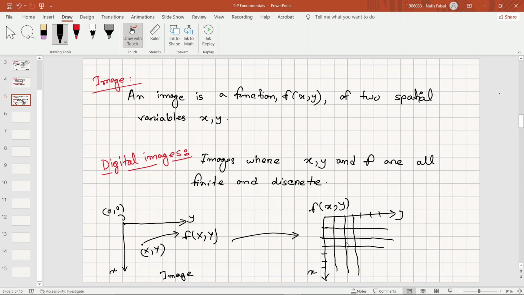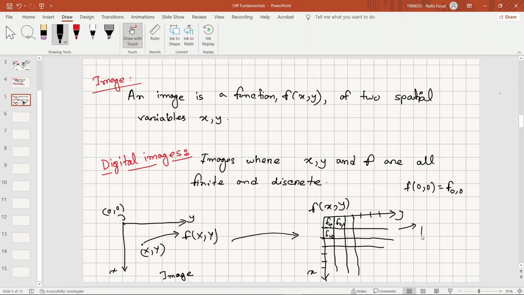Here, it's two dimensional. That's the only difference. This can be represented as a matrix, because this one here is F00, this one is F01, this one is F10.